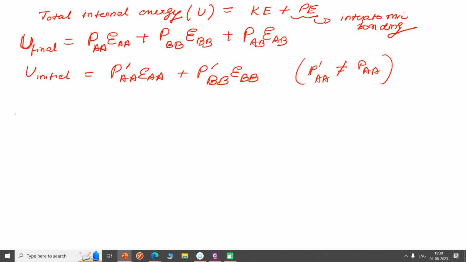So what is the change in the enthalpy upon mixing? Since we have seen that enthalpy H is equal to U plus PV, delta H is equal to delta U plus delta PV, right? So delta H is equal to delta U plus delta PV for a microscopic change.